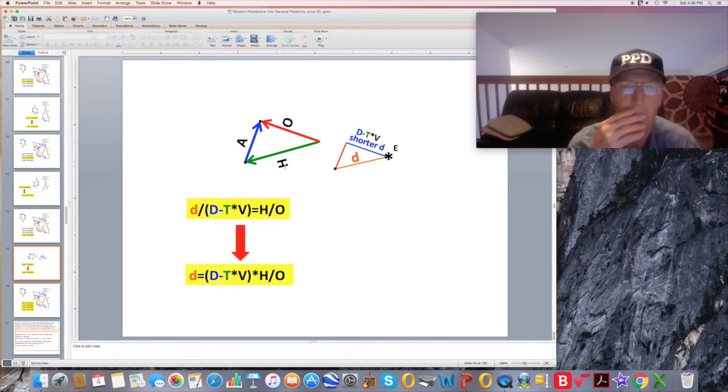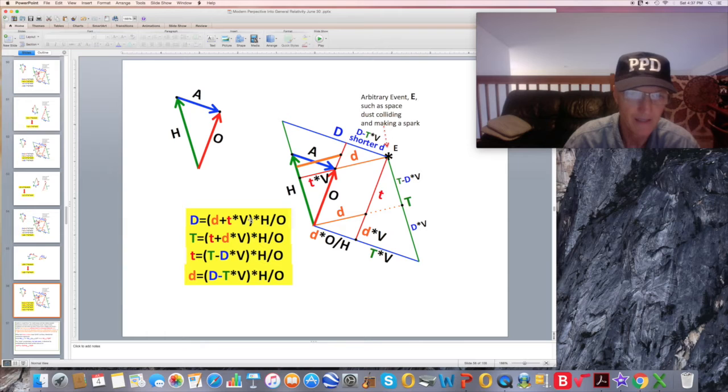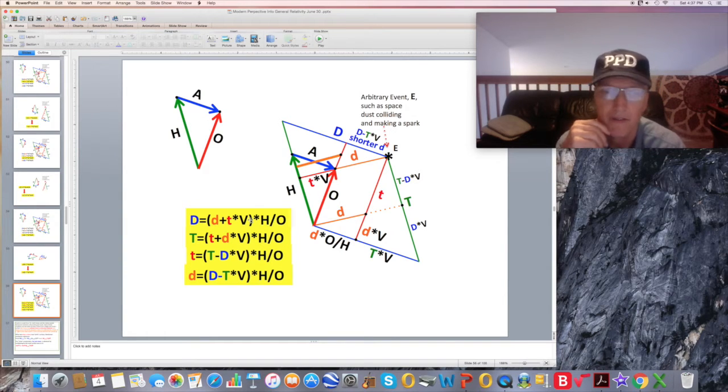So we want h over O, so I write down the expression: little orange d divided by the big blue D minus the big green T times v is equal to h over O. So that's the last expression. And there we go. So here we have derived all of the expressions for the Lorentz transformation.